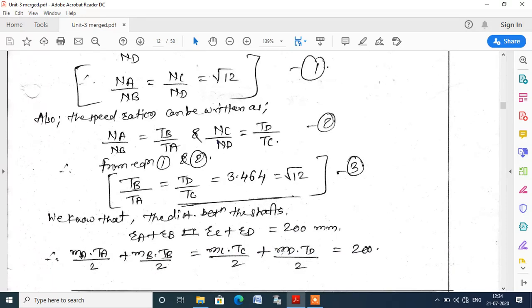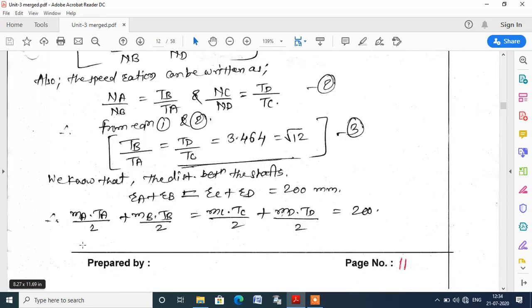Here the center distance between the shafts: we know that Ra plus Rb is equal to Rc plus Rd, and that is given as 200 mm. So Ra can be written as Ma into Ta by 2 plus Rb as Mb into Tb by 2, Rc as Mc into Tc by 2 and Rd as Md into Td by 2, and that is equal to 200.